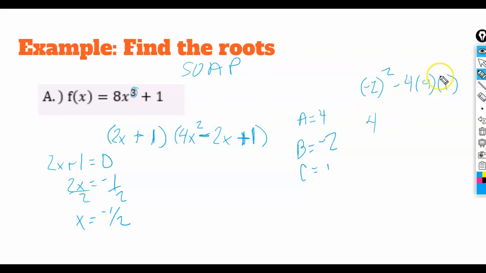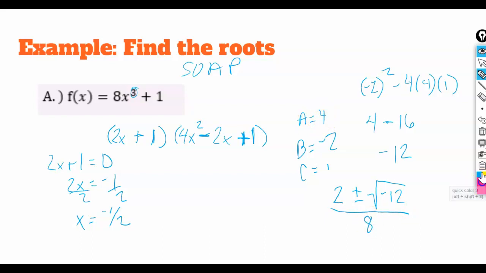A negative times a positive is going to be a negative, and that's going to be -16. So this is going to be -12, which was why this wasn't factorable, because that's going to give me an imaginary number. So the opposite of b would be +2, plus or minus the square root of -12, all over 2 times a, which would be 8.